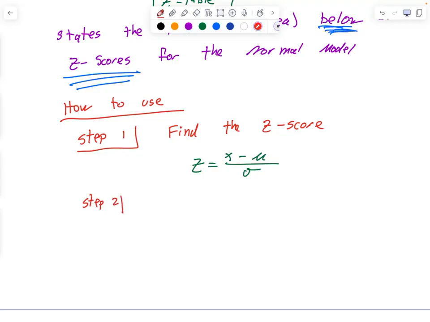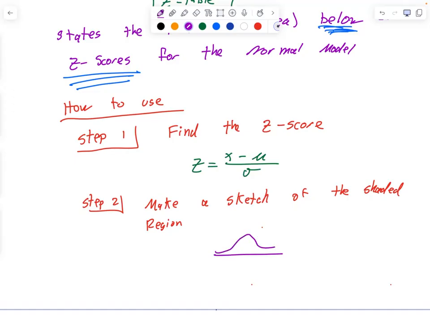So like we might write the mean is 28. And then we have the z-score over here. And we might shade it like this. Okay? This is what I'm looking for. Maybe it's like 30 minutes, and it gives me a z-score of 0.5. Something like that. The shaded part will help us make sure that we know what we're doing. All right?